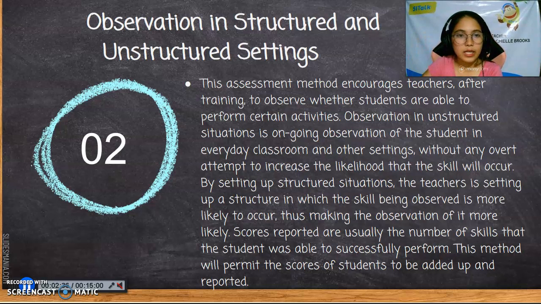And next, the second one is the observation in structured and unstructured settings. This is an assessment method that encourages teachers, after training, to observe whether the students are able to perform certain activities. Observation in unstructured situations is ongoing observation of the student in everyday classroom and other settings, without any overt attempt to increase the likelihood that the skill will occur.